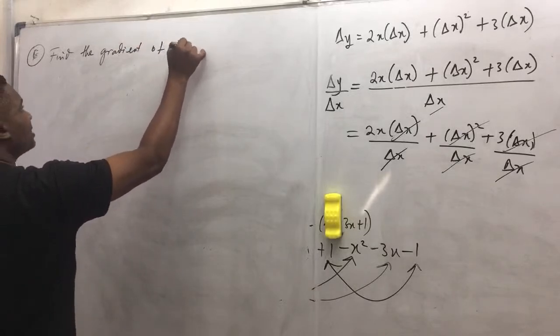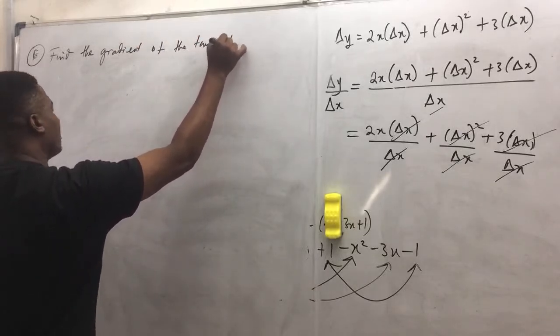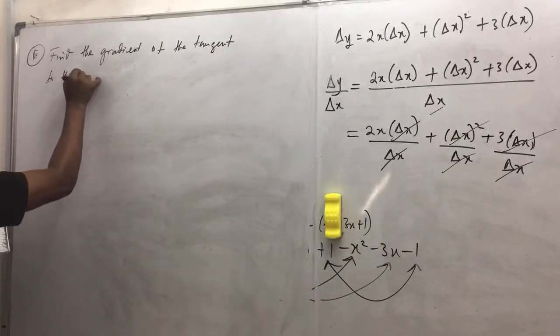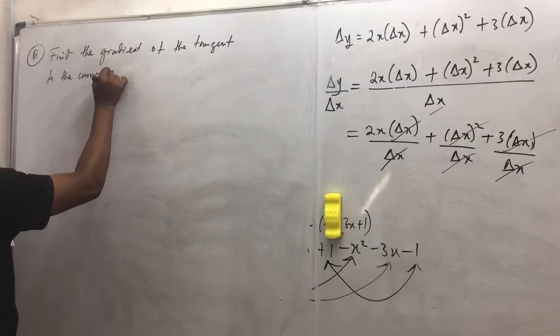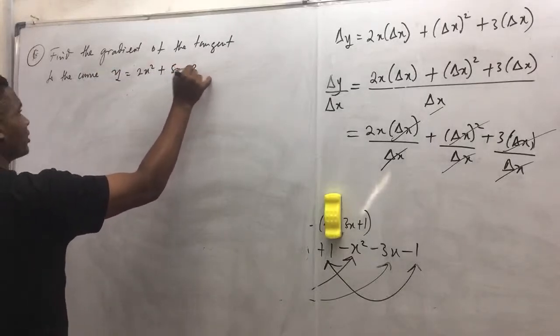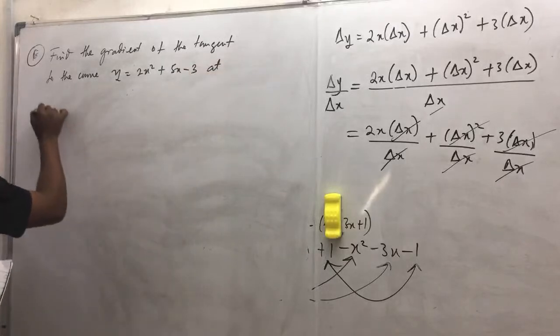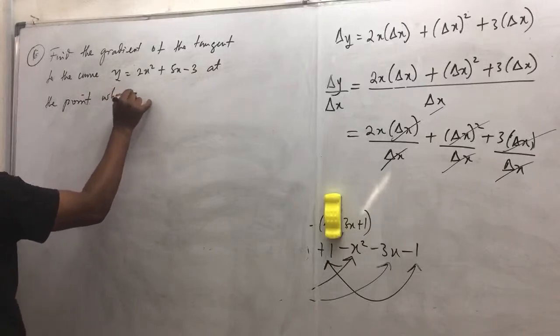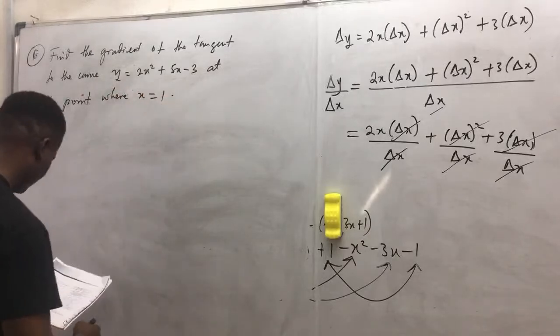of the tangent to the curve, the gradient of the tangent to the curve y equals 2x squared plus 5x minus 3 at the point where x equals 1. Okay?